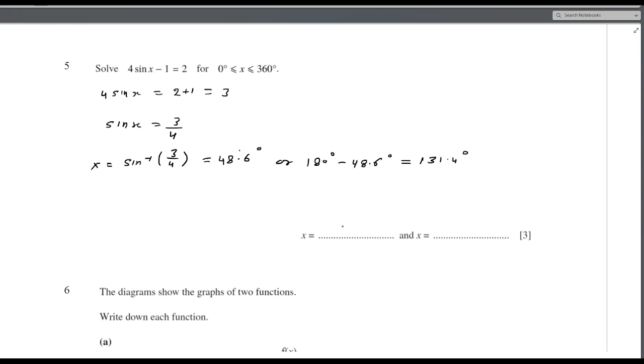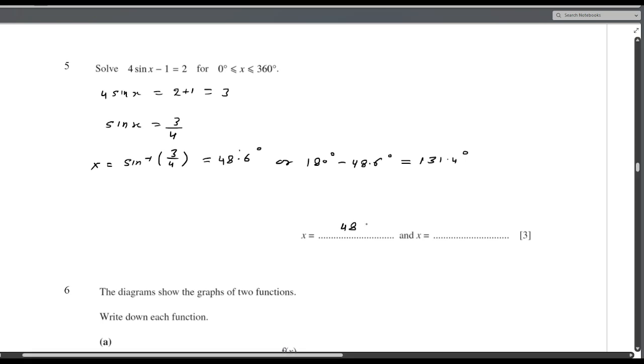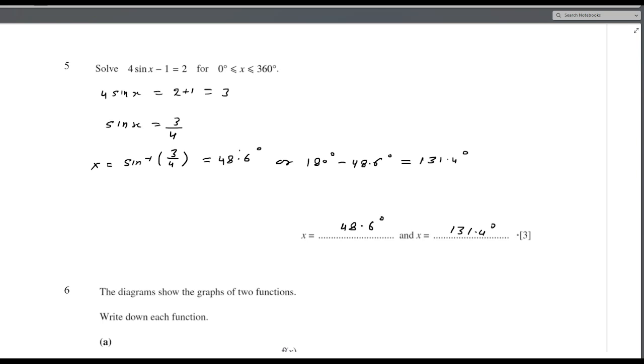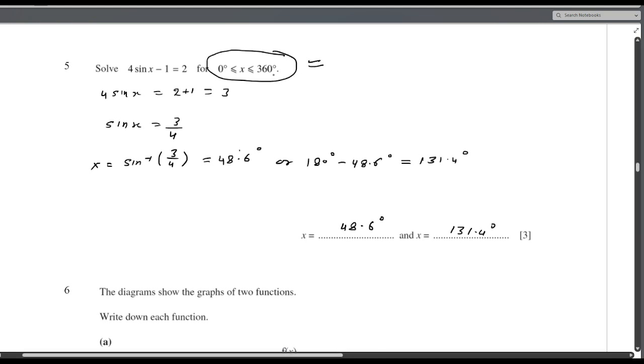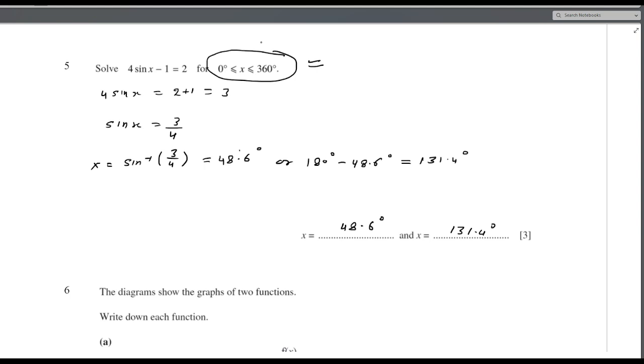So the values of x here are 48.6 degrees and 131.4 degrees. Always you have to look at the range of your answer. Here x is between 0 degrees and 360 degrees. You have to see what is given. If they say between 0 and 90, then I have only one answer. If they say 180 and 360, then there is no answer.